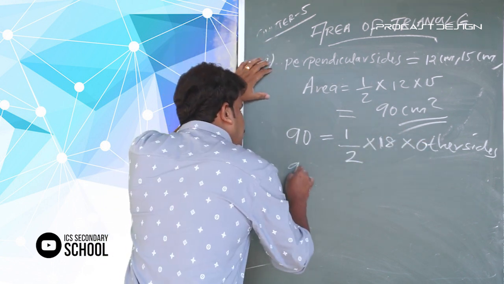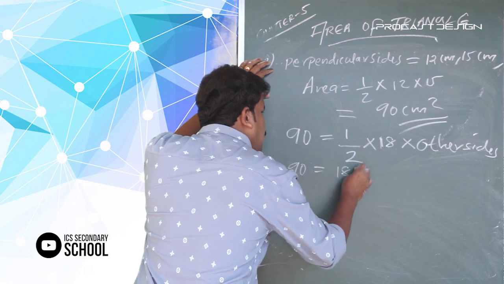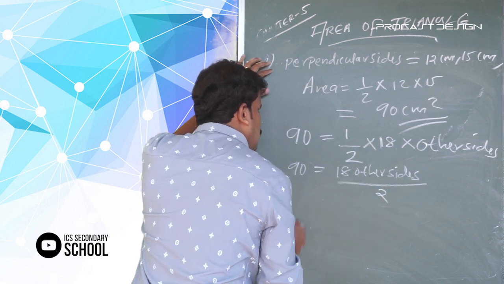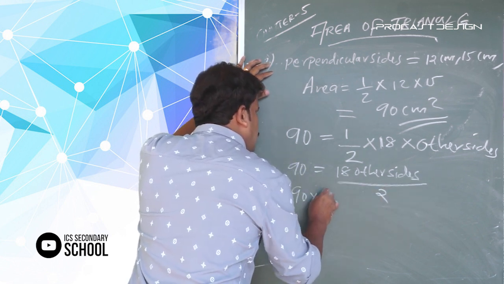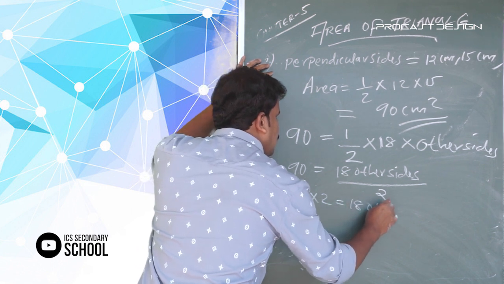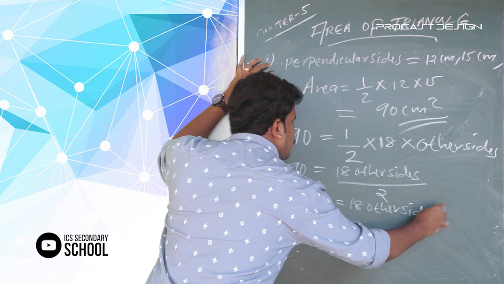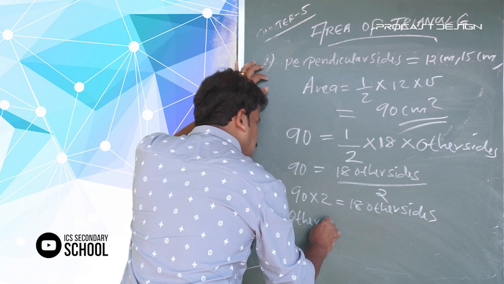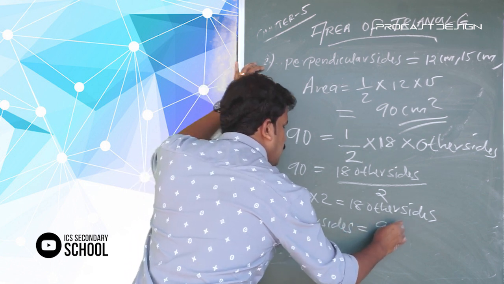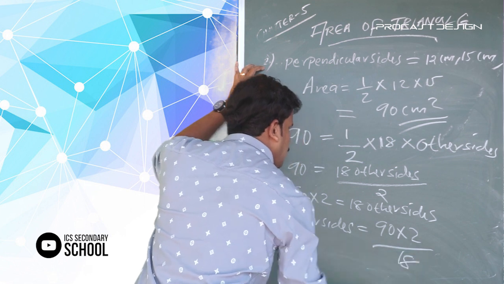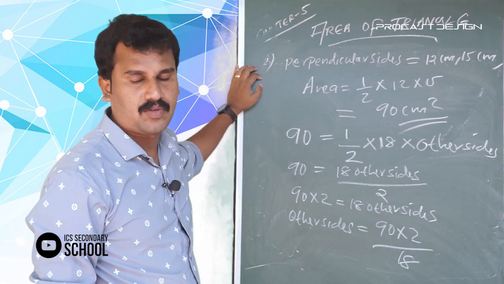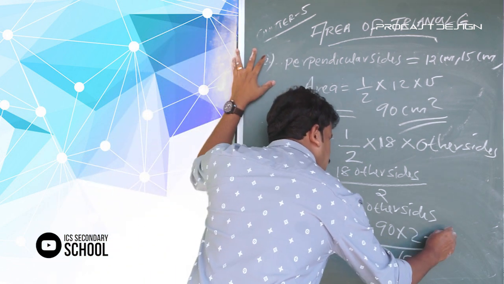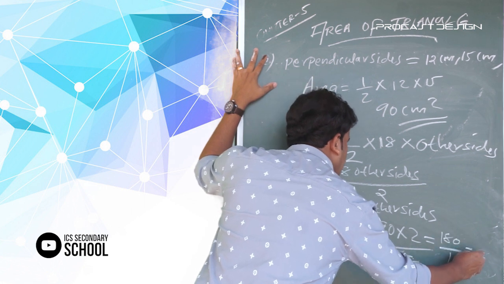That is, 90 equals half into 18 into the other side, so 90 into 2 equals 18 into the other side. Then the other side's length equals 90 into 2 by 18. 90 into 2 means 180, and 180 by 18 is equal to 10.